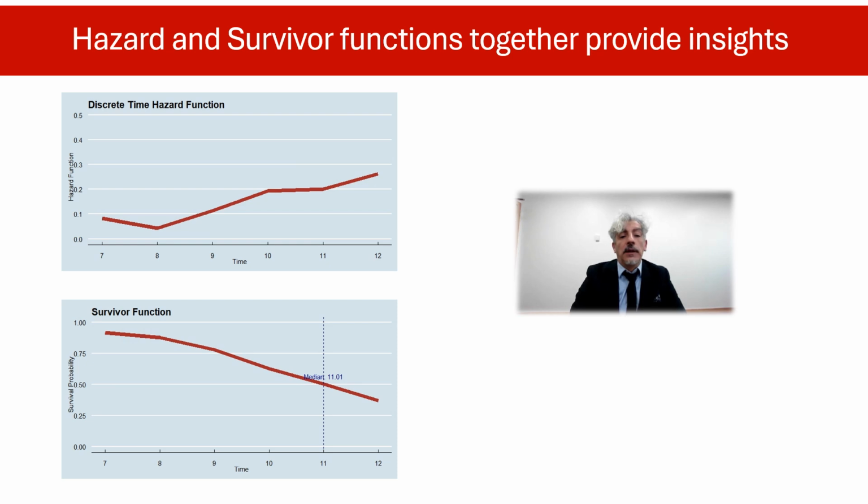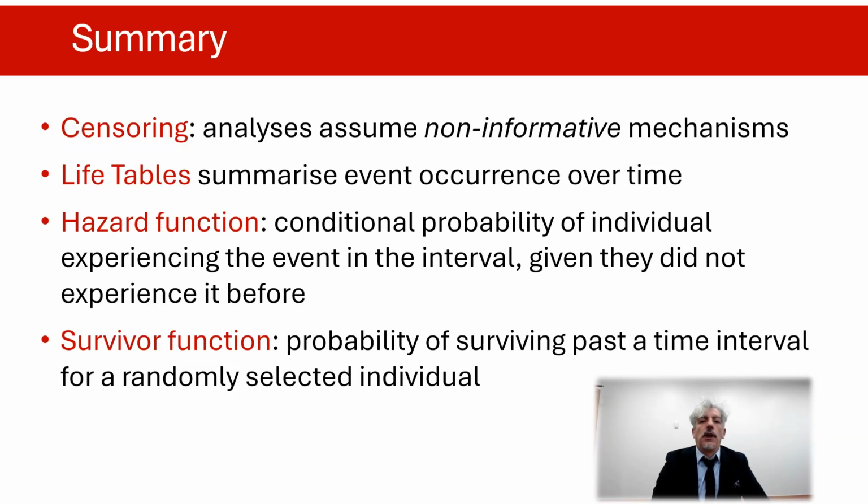processes in the data. So to summarize, I have talked about censoring, and it's important to remember that most analyses assume that censoring is happening because of non-informative mechanisms. If there is a suspicion that the mechanism of underlying censoring is informative, then more specific, sophisticated types of models should be employed.